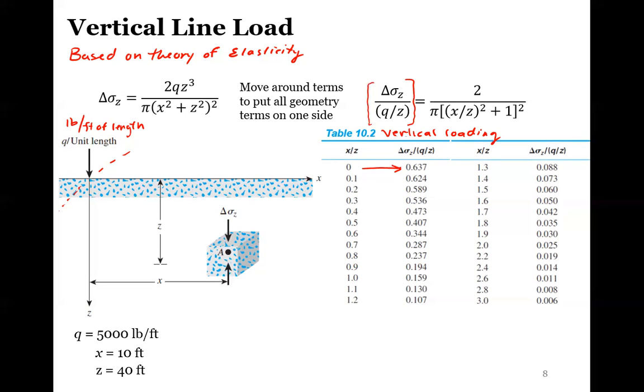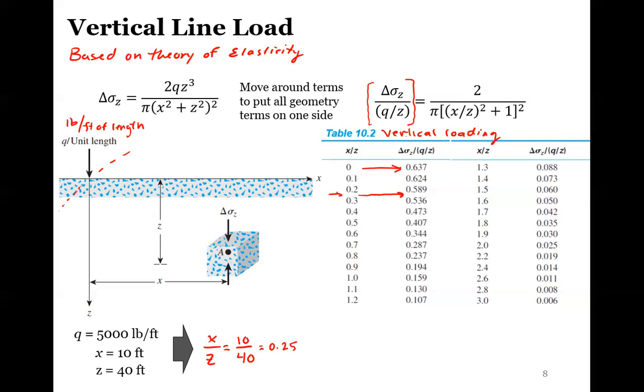What would be the increase of stress at that point? We'd find that ratio of X divided by Z. So 10 divided by 40 is equal to 0.25. So 0.25 we see is right here.